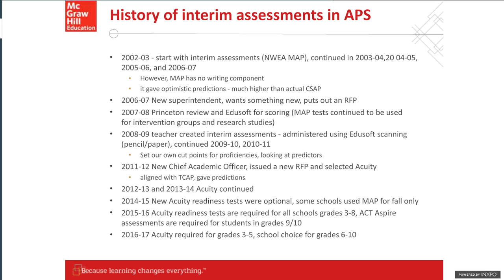We used commercial products for a while, then we switched over to developing our own, then we switched back to vendors, and we have been with the Acuity system since 2012, and we are still using that this year primarily for our grades 3 through 5, but we do have some of our students in grades 6 through 8 that are also using Acuity as well.